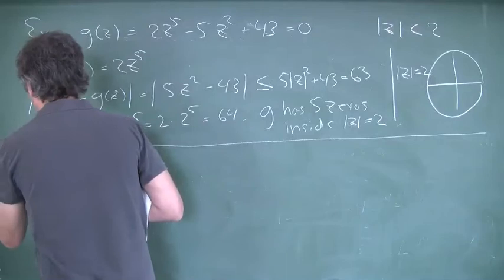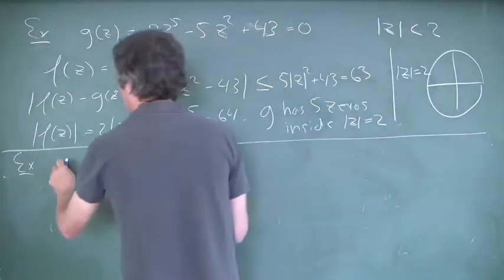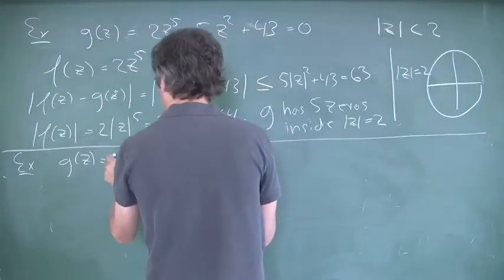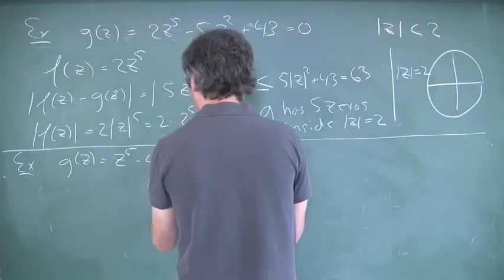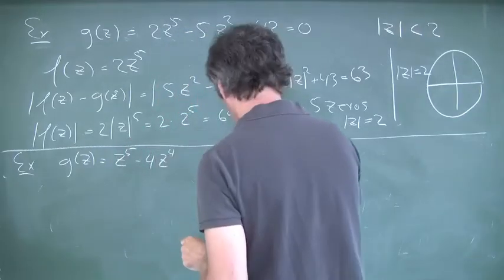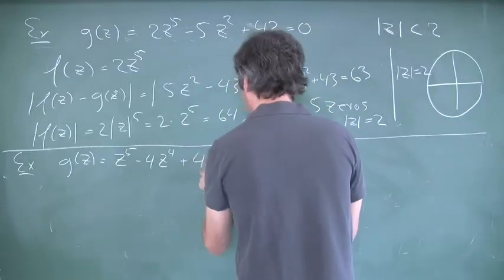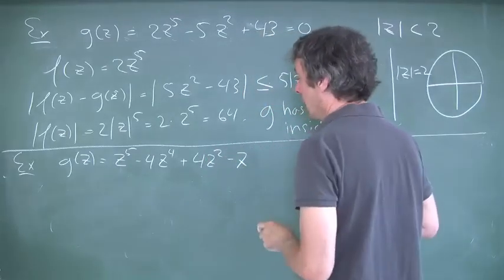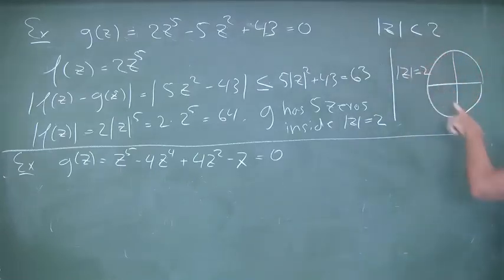Now this we will compare with the second example here now. So in this case, let G of z be equal to z to the 5th minus 4 times z to the 4th plus 4 times z squared minus 7. And again, we put this equal to 0, and we ask the same question with the same circle here now.